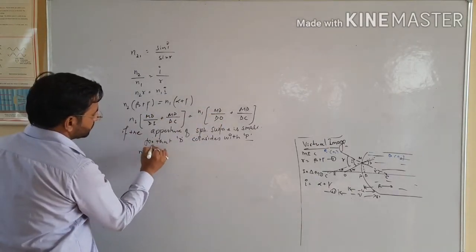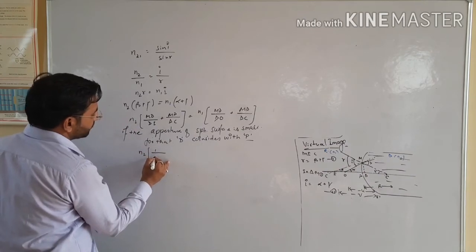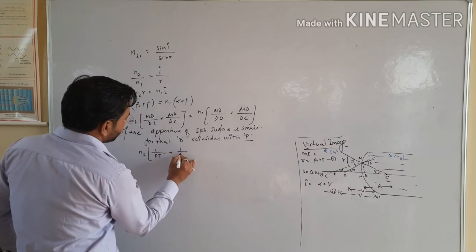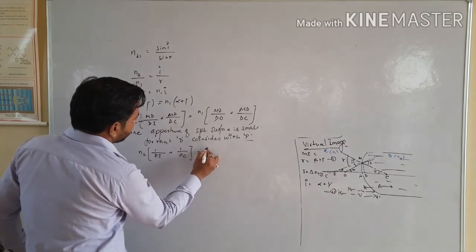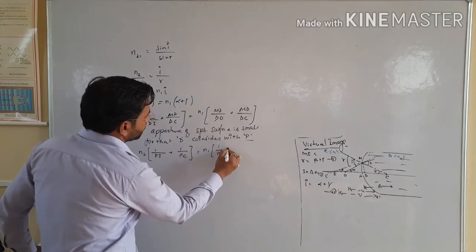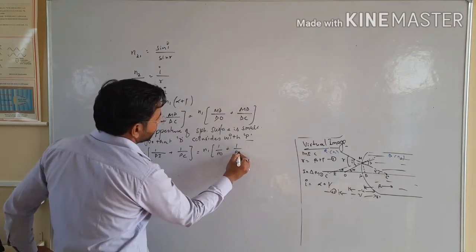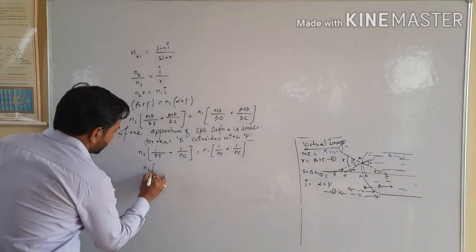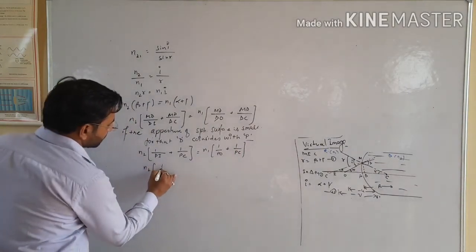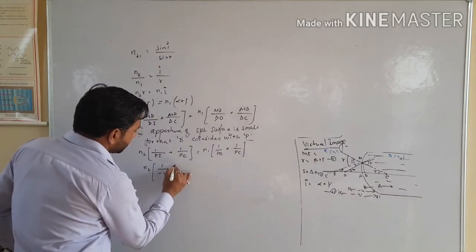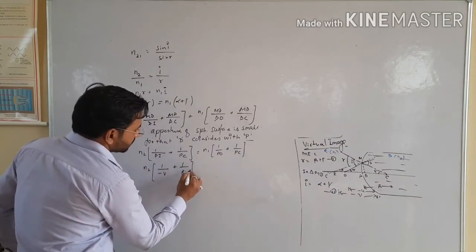So we can write the formula here, because after cancellation by taking it common, I can write this similarly as previous: N2 times 1 upon PI plus 1 upon PC equals N1 times 1 upon PO plus 1 upon PC. So you can see the diagram and put the values with the sign convention. PI, the image is virtual, so I will write minus v. PC will be positive, you can see.